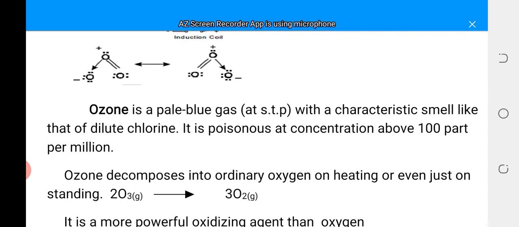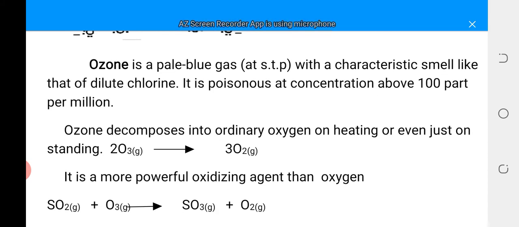Ozone is a pale blue gas at standard temperature and pressure, with a characteristic smell like that of dilute chlorine. It is poisonous if it is too much, especially around 100 parts per million.